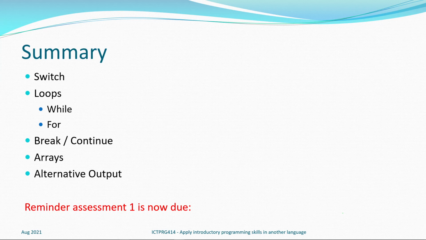Then we moved into the loops, doing the while and for loops, and a couple of others as a bonus surprise. So, like the do while and for each. So, these basically evaluate a condition, and while that condition is true, they'll continue to do that same block of code until that condition changes to false.